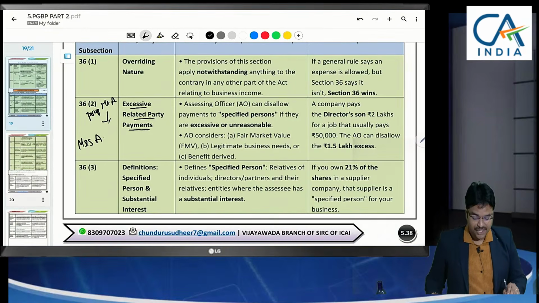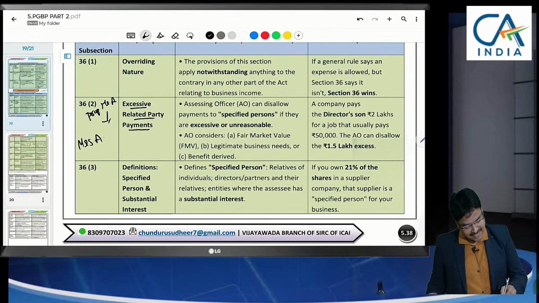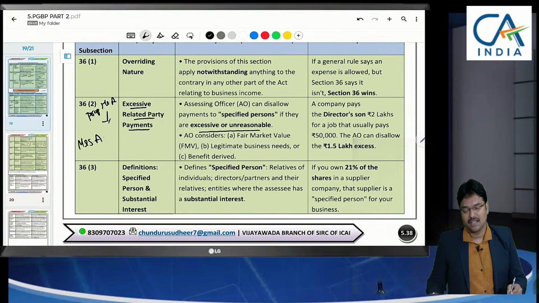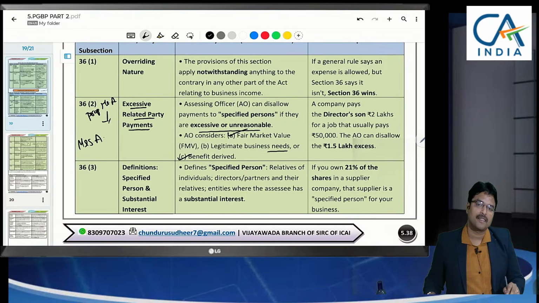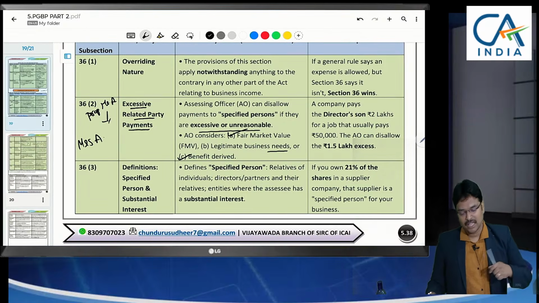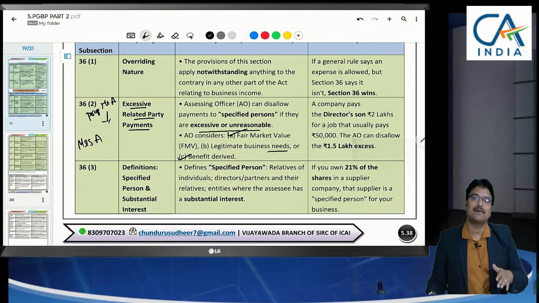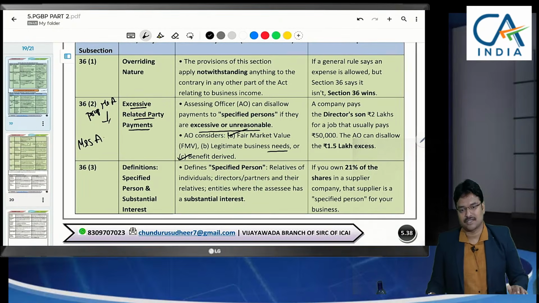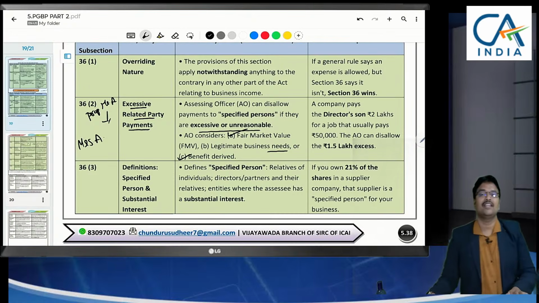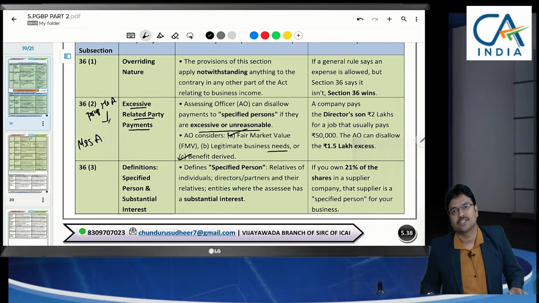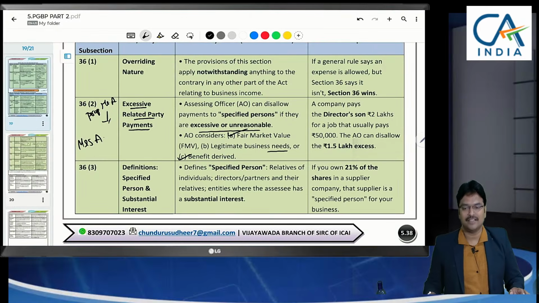But if that salary is excessive or unreasonable, comparing to the fair market value, comparing to the business need, and comparing to the benefit derived out of that salary, it is disallowed. For example, based on fair market value 30,000, but if you are paying 3 lakhs per month, to reduce the profits only you are doing this.